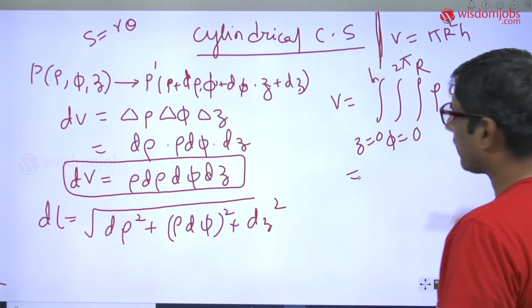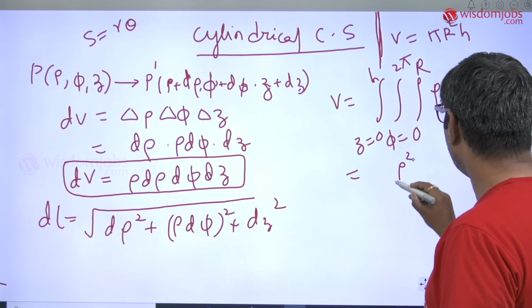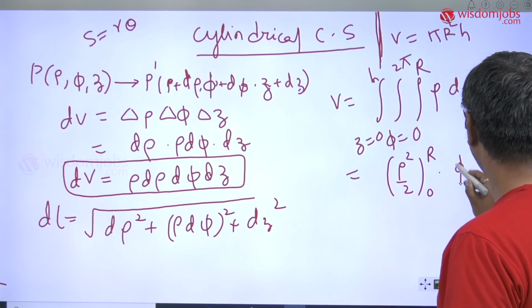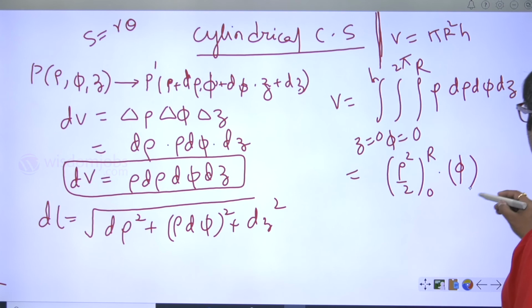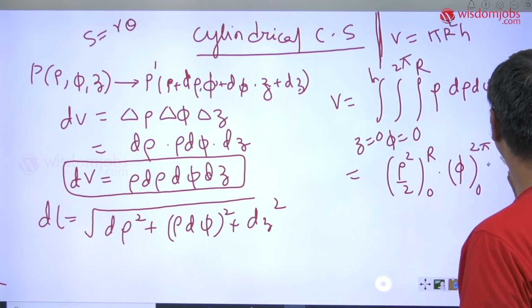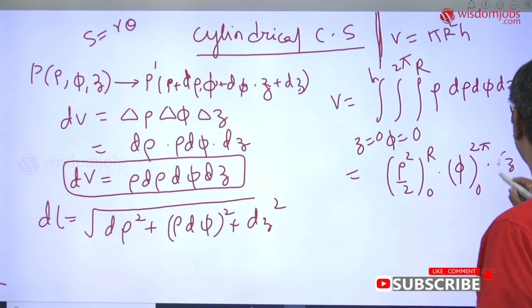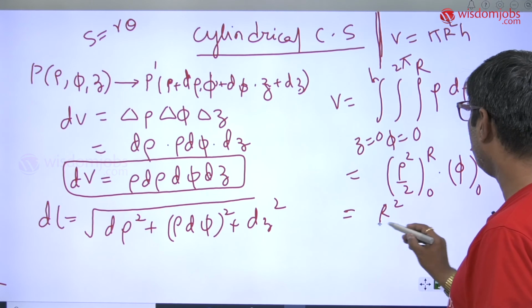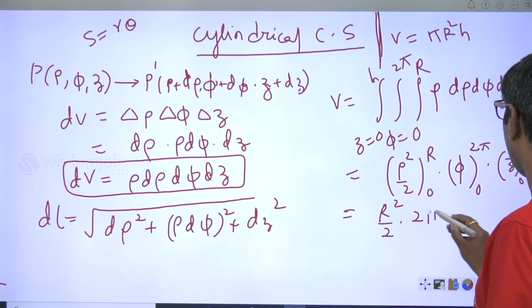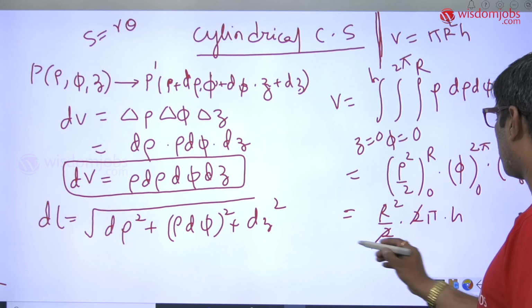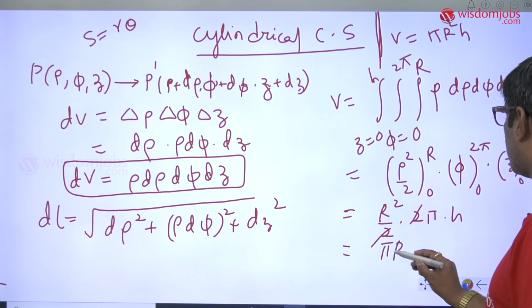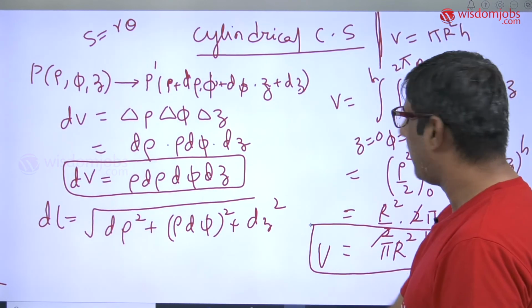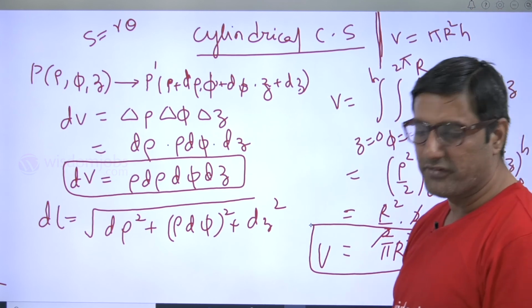The integration of rho d rho is rho square by 2 from 0 to r, the integration of d phi is phi from 0 to 2 pi, and the integration of dz is z from 0 to height h. So it is r square by 2 into 2 pi into h. The 2 gets cancelled, and you are left with pi r square h. So this is how I got the volume of this cylinder as pi r square h. This is the derivation of pi r square h.